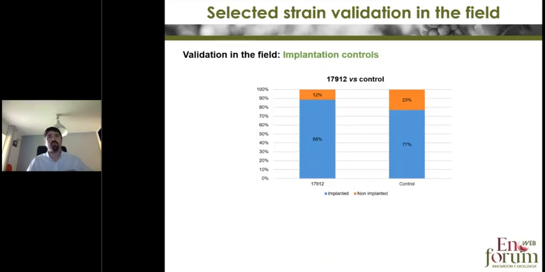So you only have in one tank the control, the yeast that the winery use, and in the other tank, you have the 17,912. And then at the end of the fermentation, you compare the implantation control, meaning if you recover the yeast at the end of the fermentation. And you see that the 17,912 has a very good implantation rate, so no problem in that.